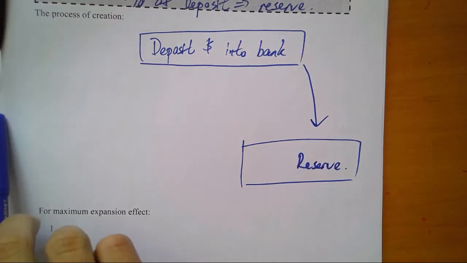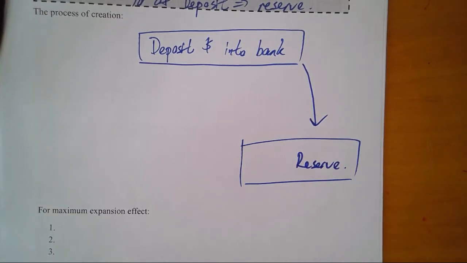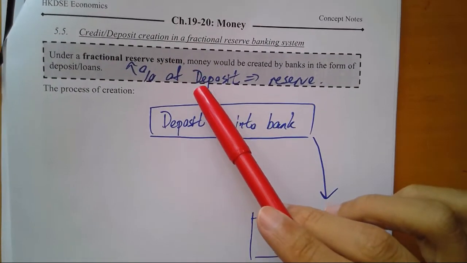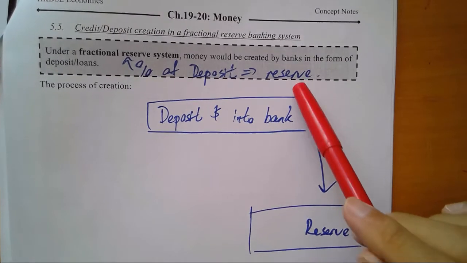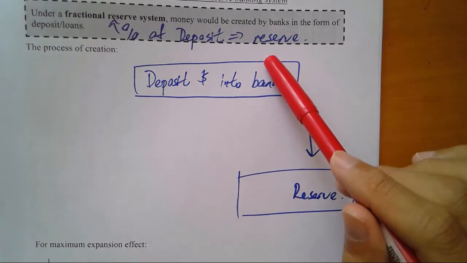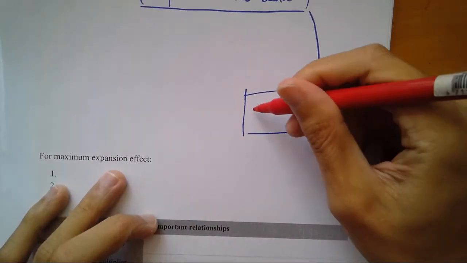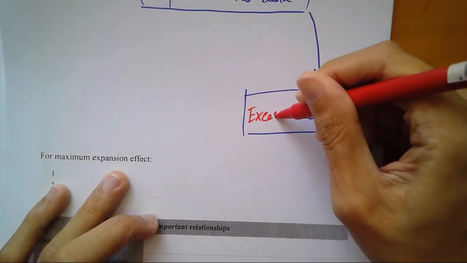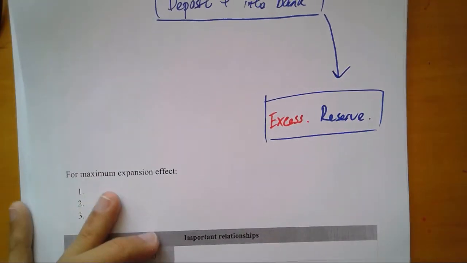They can only loan out the reserve that is more than the requirement. 係咪？頭先我哋話啦 part of the deposit has to be kept as reserve, right? So they can only loan out the part that is extra of the percentage. We call this excess reserve. Okay, excess reserve would exist.